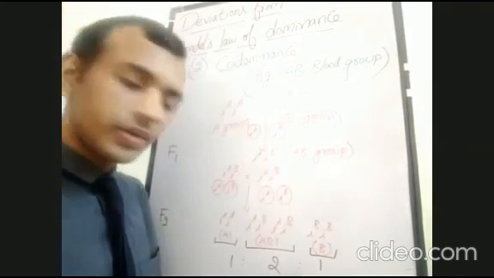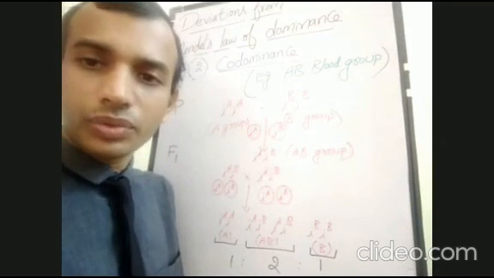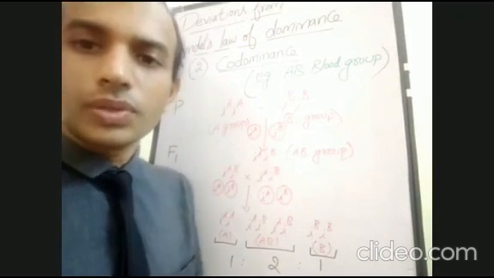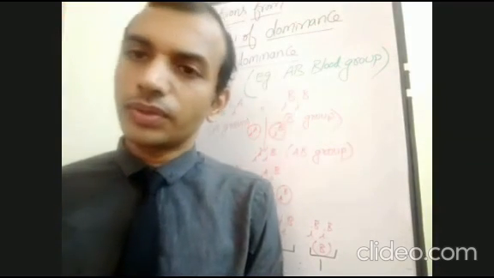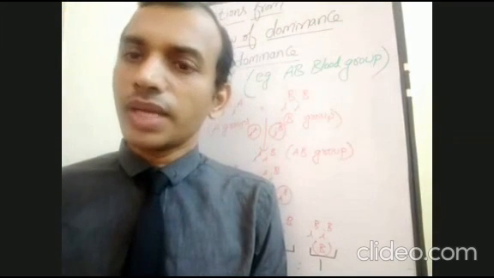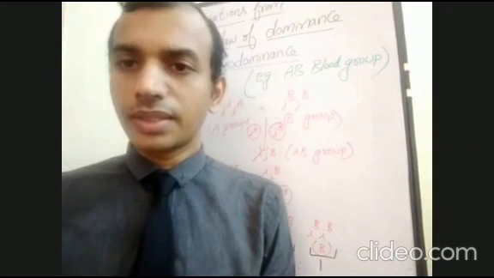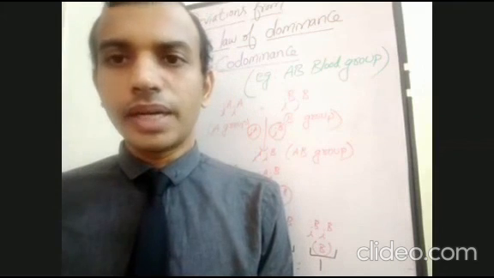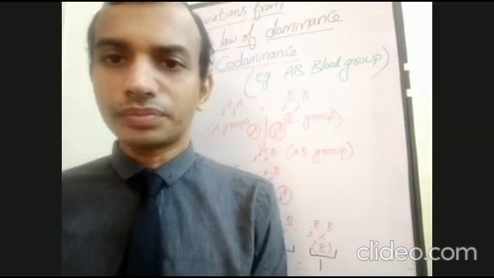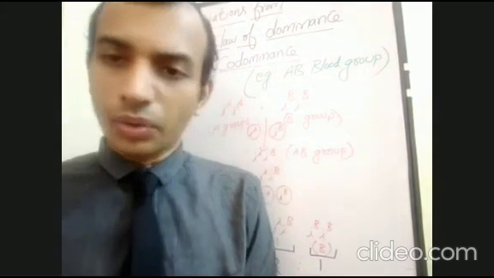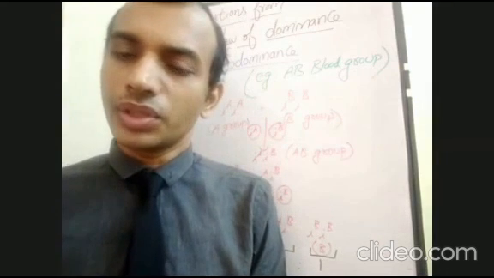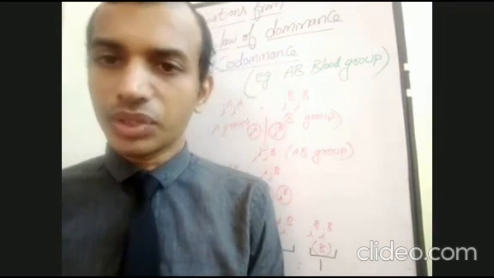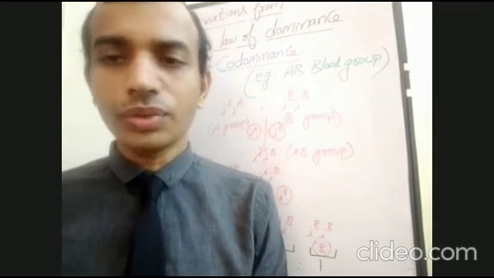Here we come across a deviation, 1:2:1. So thus, both in the case of incomplete dominance and codominance, Mendel's monohybrid cross ratio will not hold good. Here, both genotypic ratio and phenotypic ratio will be the same, which is 1:2:1.